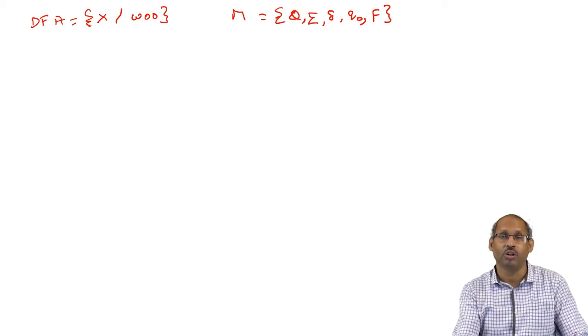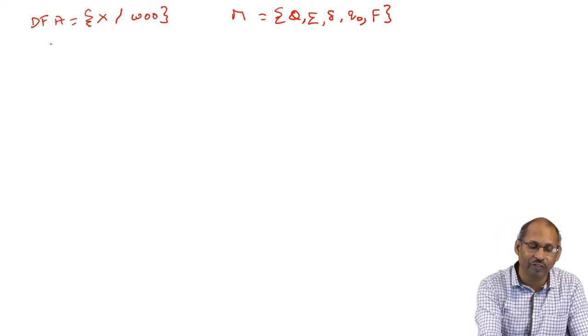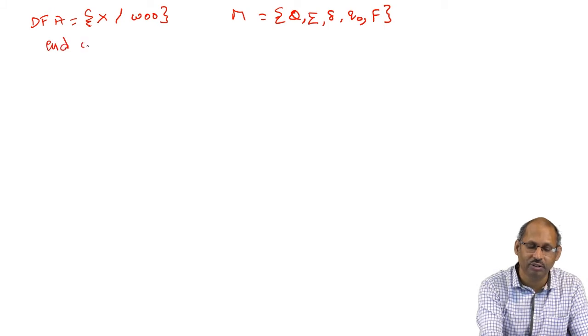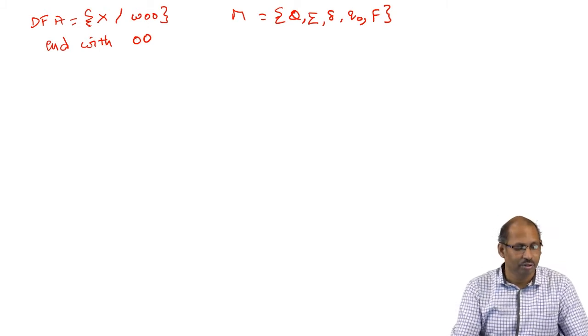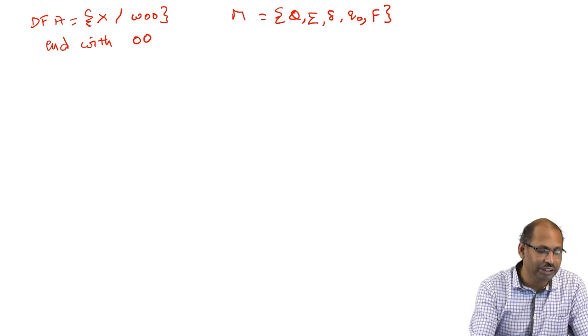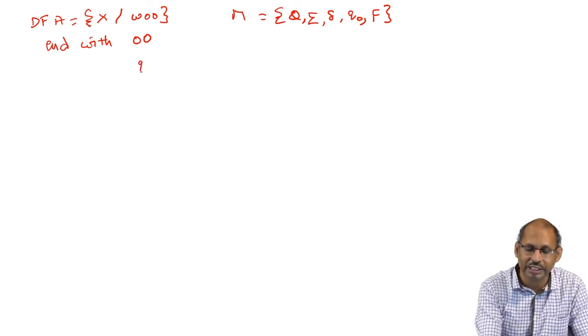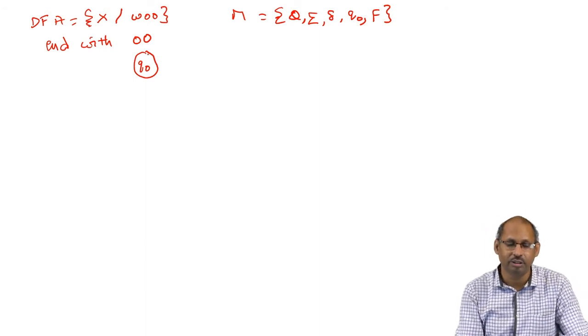First step: what is the condition? It should end with two zeros. Initially we take Q0 as the initial state. How do we represent the initial state?